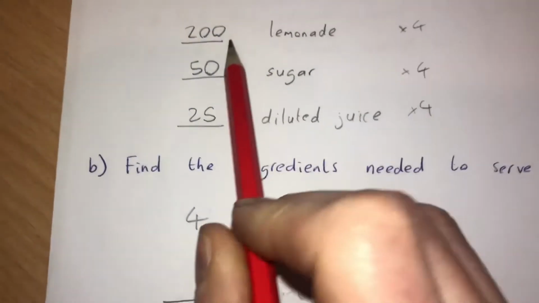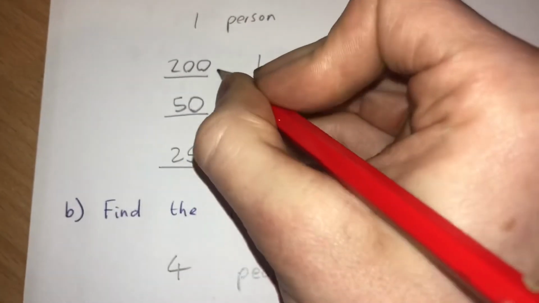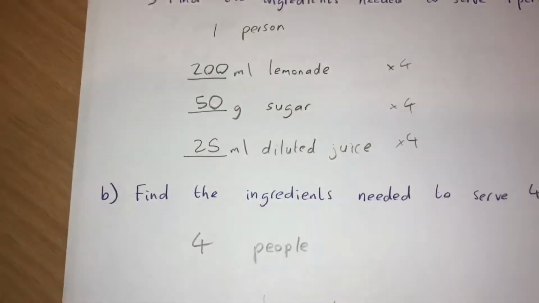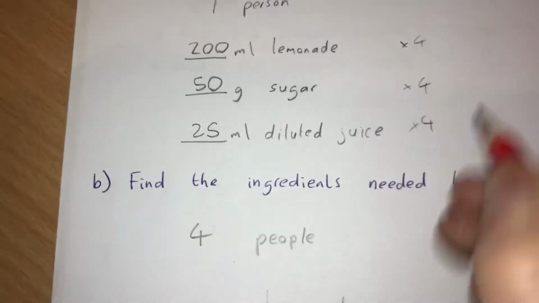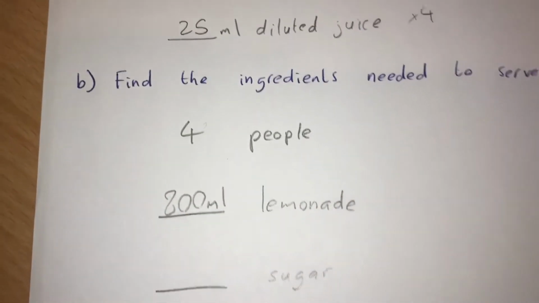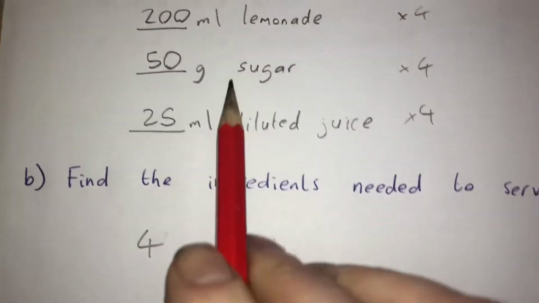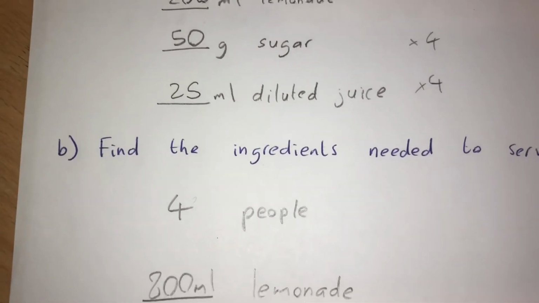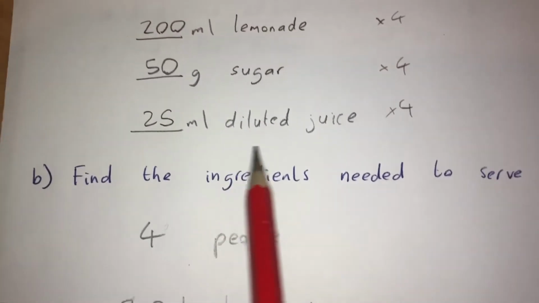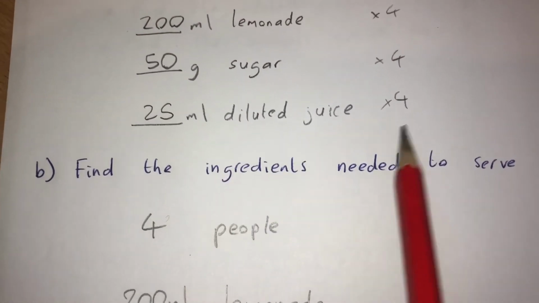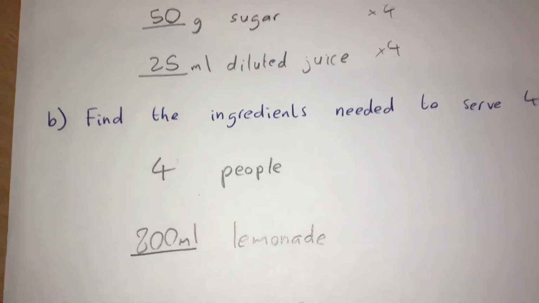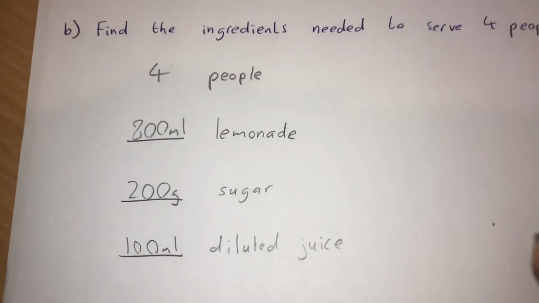All right, so 200, and again, just be careful to put the units in. 200 milliliters of lemonade becomes 4 times that, so therefore we need 800 milliliters of lemonade to serve 4 people. 50 grams of sugar will become 200 grams of sugar, and 25 milliliters of diluted juice will become 100 milliliters of diluted juice, because we have multiplied each of those amounts by 4.